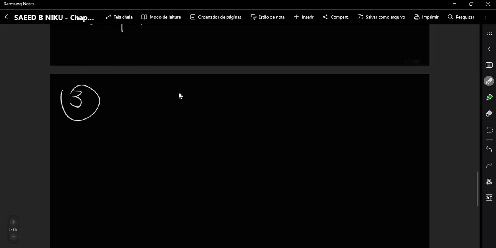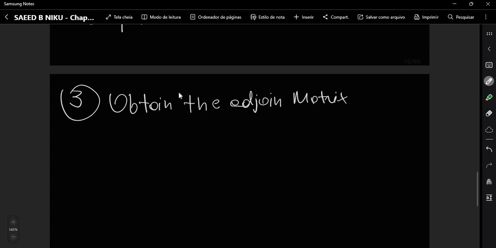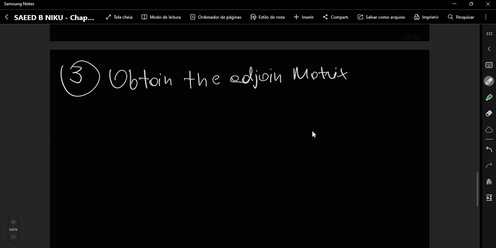And the third step is to obtain the adjoint matrix. And this is a laborious procedure, so I will do it with you step by step.